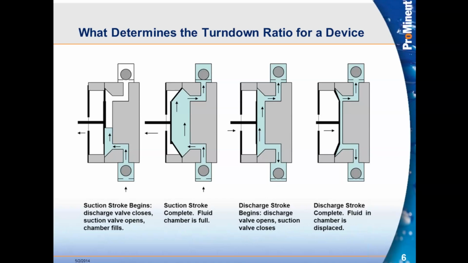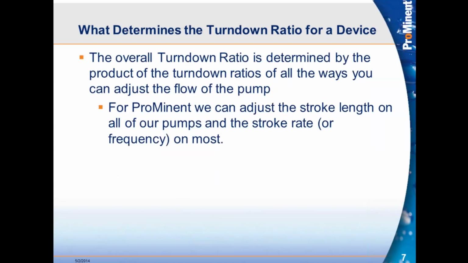So that limits the volume that we pull into the liquid end, and then how much we can displace on the discharge part of the stroke. So we have a limit of stroke length, and we can also control how often that happens. Usually we talk about frequency, and we describe that in strokes per minute most often. So we have those 2 adjustments, and that controls flow.